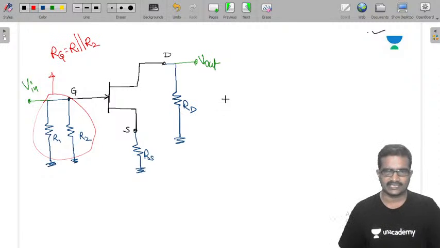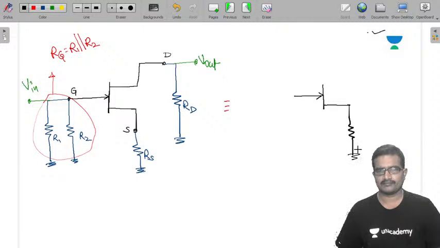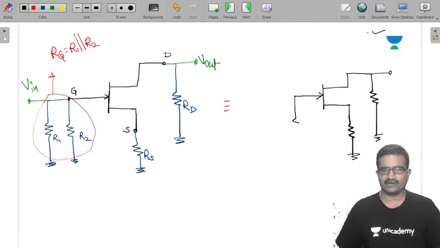Now its equivalent circuit: at the gate we have RG, where we give the input.